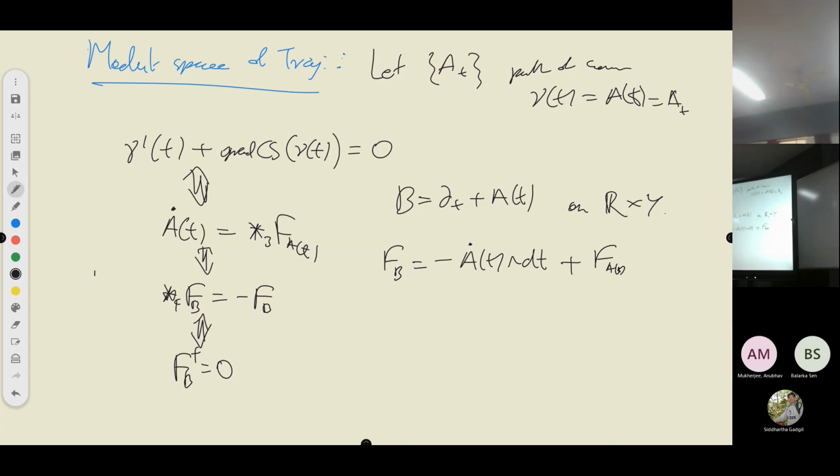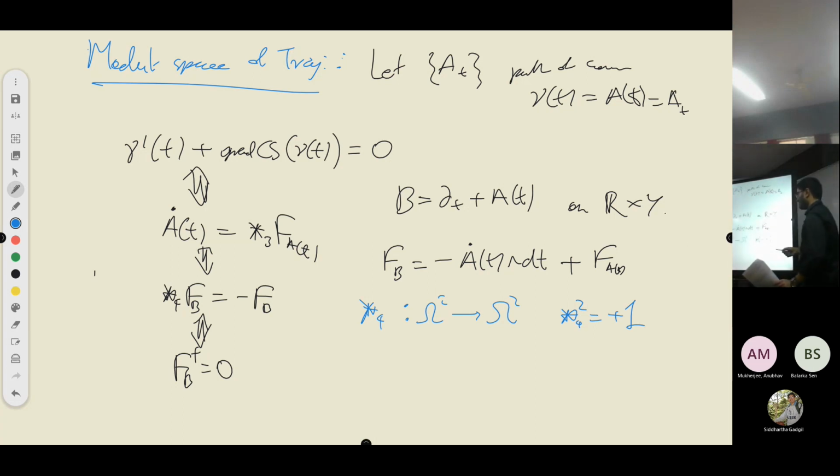So I should make a couple of comments over here. First thing is that on a 4-manifold, you have the Hodge star operator mapping from 2-forms to itself, and it turns out that the square of this operator is plus 1.